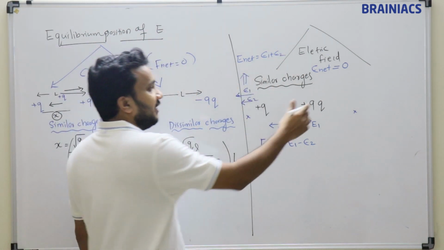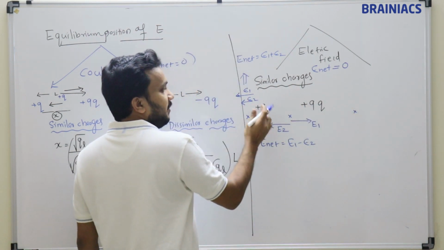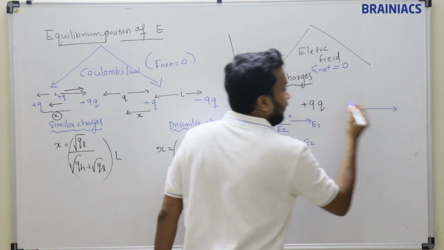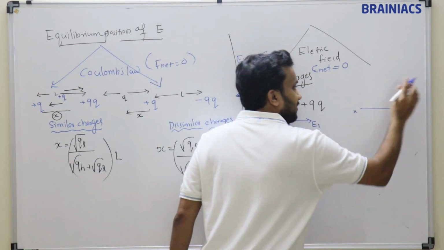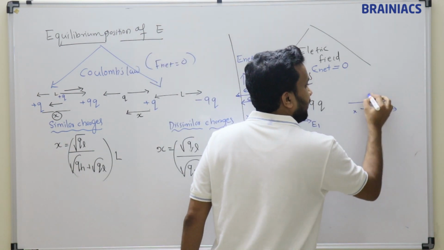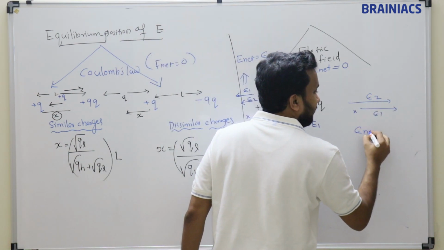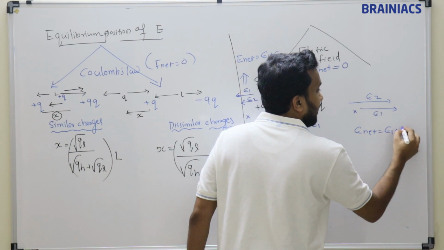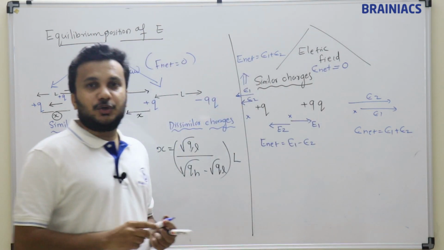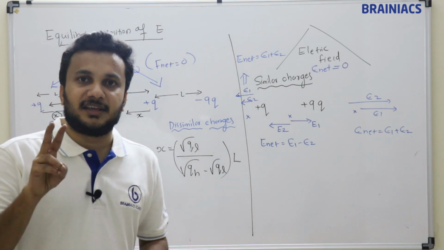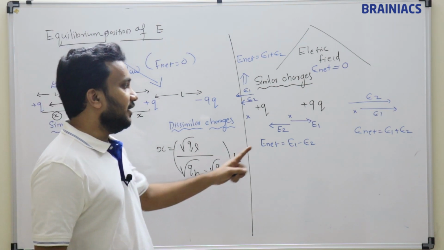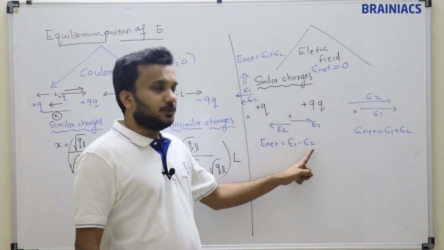Okay, but if you are taking the position on the right side, due to plus q electric fields are away, due to plus 9q electric fields are away. So here also we have E1 and E2. So total electric field is always equal to the sum of these two. Suppose you assume E1 equal to 2, E2 equal to 2.